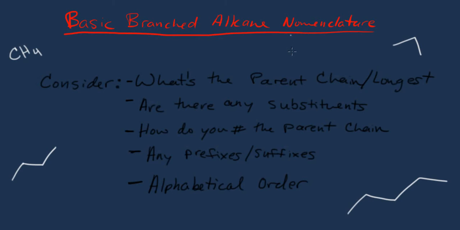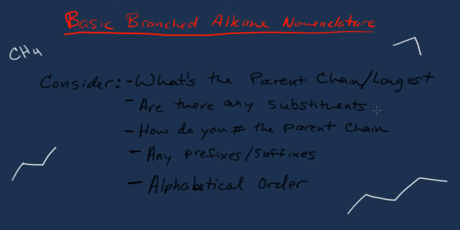And before we continue, it'd be helpful if we considered these 5 points I have listed right here, because as we go throughout each example, it's going to be helpful if we can identify these different consider points. So the first being what's the parent chain, followed by identifying any substituted parts on that chain.